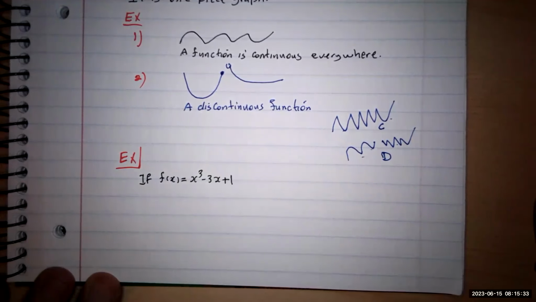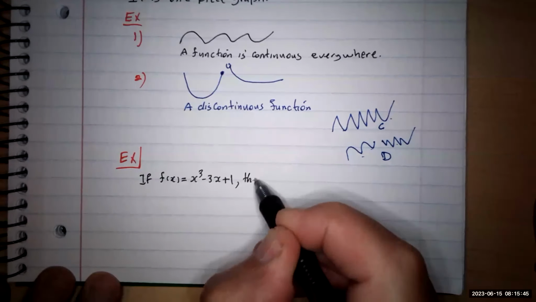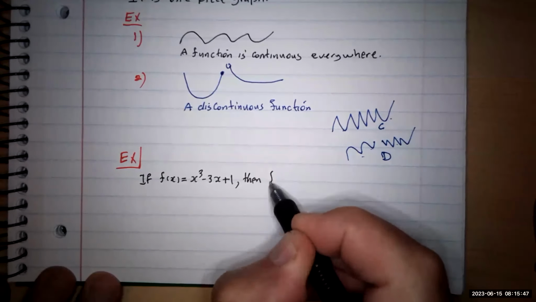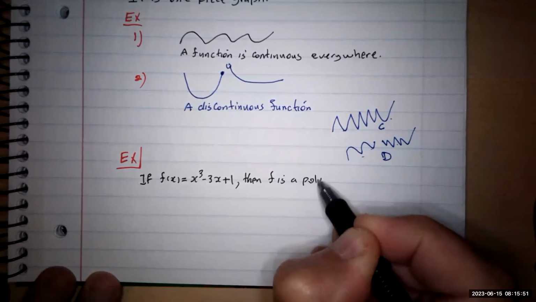If you want to find the limit of a polynomial, it's a direct substitution. So all polynomials are going to be continuous. So f is a polynomial.